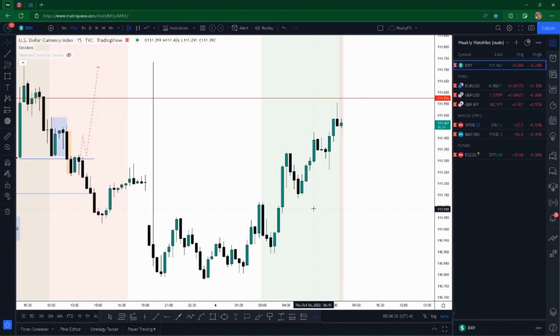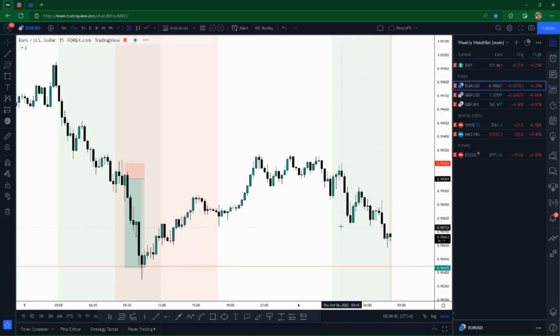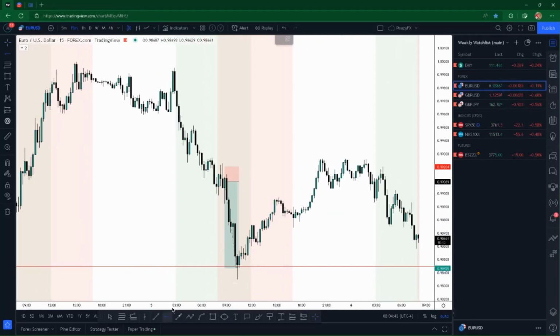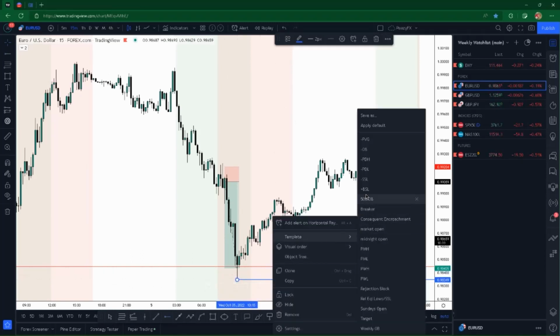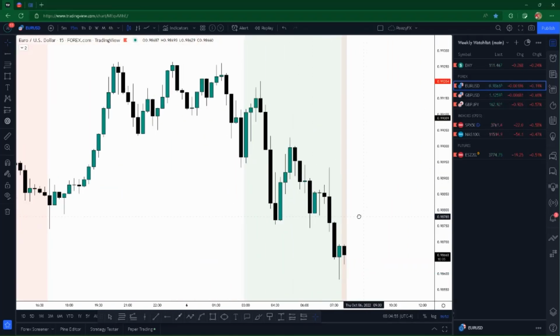So at this point, I would be anticipating previous day's high to get ran out on the DXY. Therefore, let's target previous day's low on Euro USD. We have sell side liquidity resting below there.